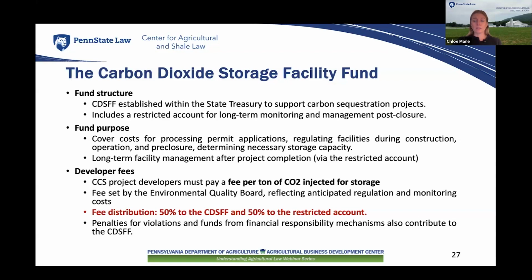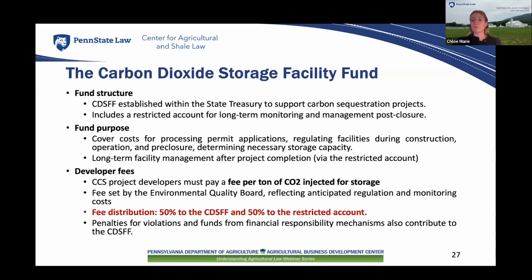So the law requires CCS project developers to pay a fee for each ton of CO2 they inject for storage. The Environmental Quality Board will set the fee based on the anticipated cost the DEP will face for regulating the project and monitoring it long-term. The fee schedule will be made public through the Pennsylvania Bulletin.